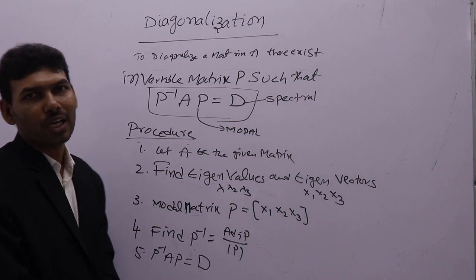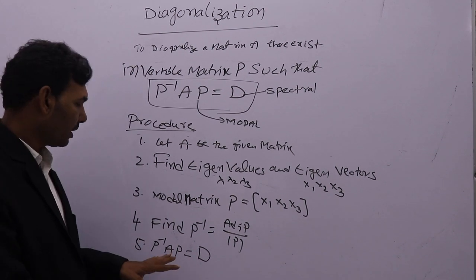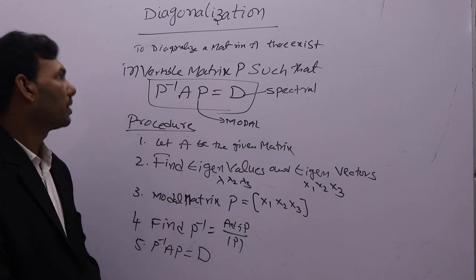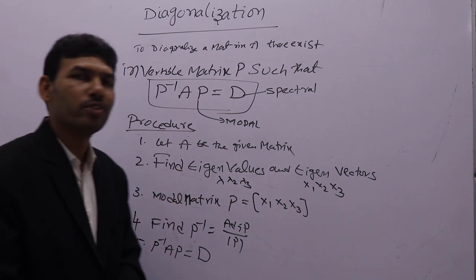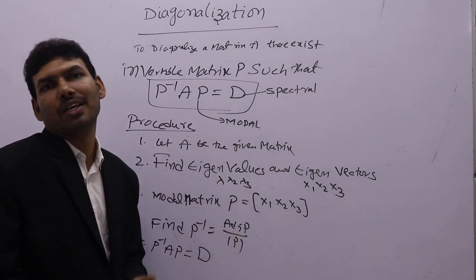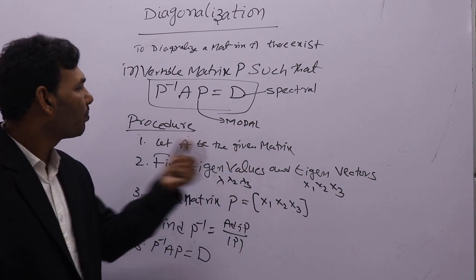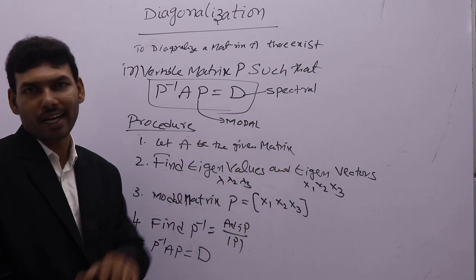P inverse AP equals D. Up to here we need to calculate. So if you know finding eigenvalues and eigenvectors of a matrix, diagonalization is nothing, because in diagonalization also we are not doing anything more. Simply we are finding eigenvalues and eigenvectors.